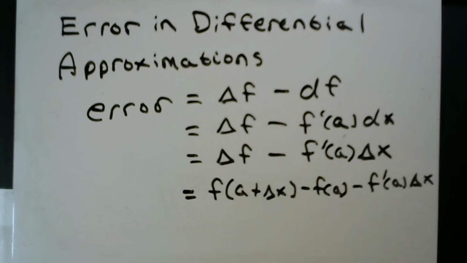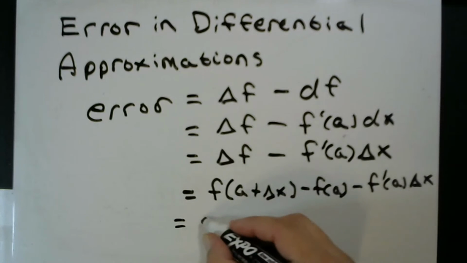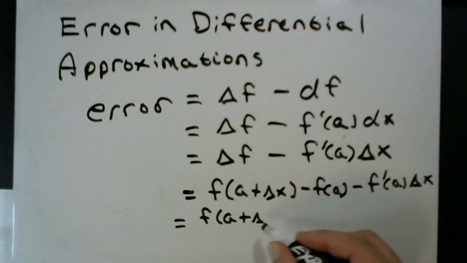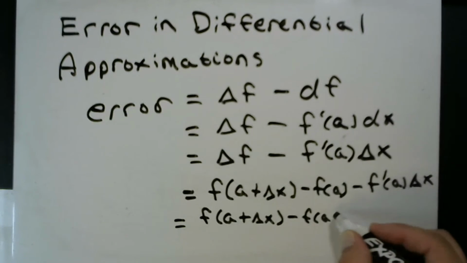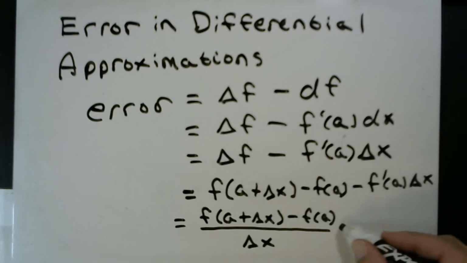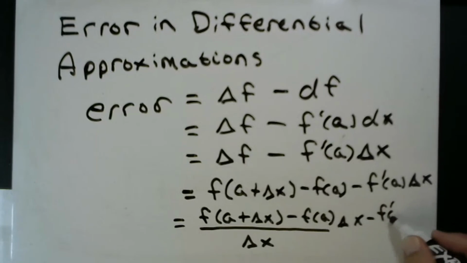Now, what we're going to do, be a little clever here, we're going to factor out a delta x. This is just a really neat trick. You'll see this a lot in calculus classes. It's a neat algebra trick. We can treat this as delta x times the difference quotient minus f prime a delta x.